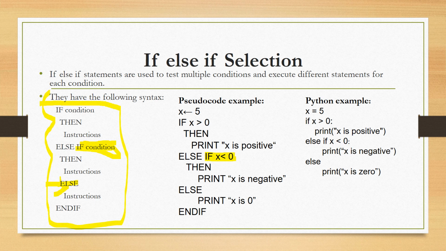Then print x is negative, else print x is 0. So we will always write the else part with the if condition. Once we have specified the final else part, it will always end with else without any if condition.